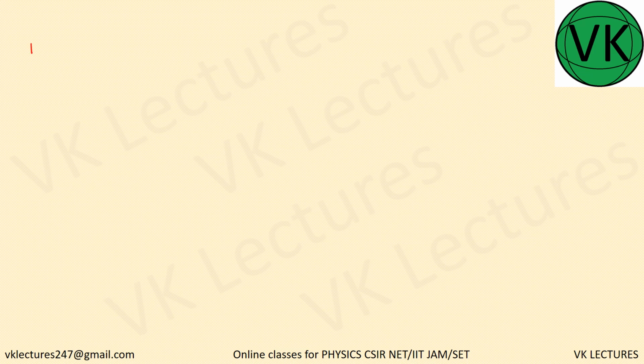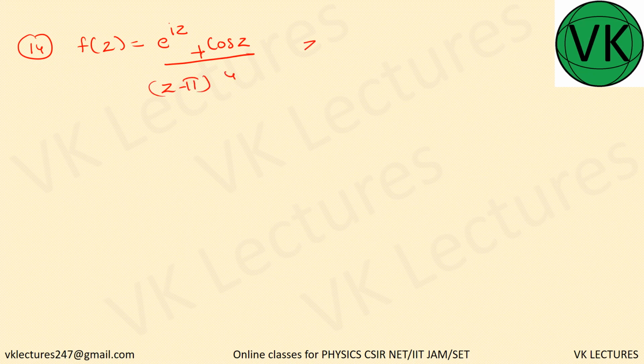Next question, f of z is equal to e raised to iz plus cos z divided by z minus pi whole raised to 4, with z equal to plus or minus pi.